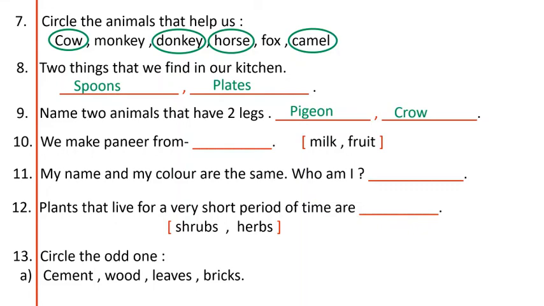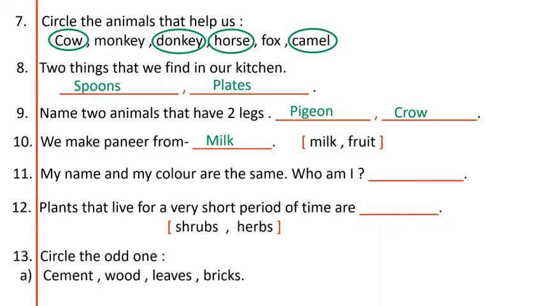Next, 10th question. We make paneer from, and the options are milk, fruit. Children, how do we make paneer? Do we use fruit to make paneer or milk? Yes, you're right. We make paneer using milk, right? Very good. Next, 11th question. My name and my color are the same. Who am I?